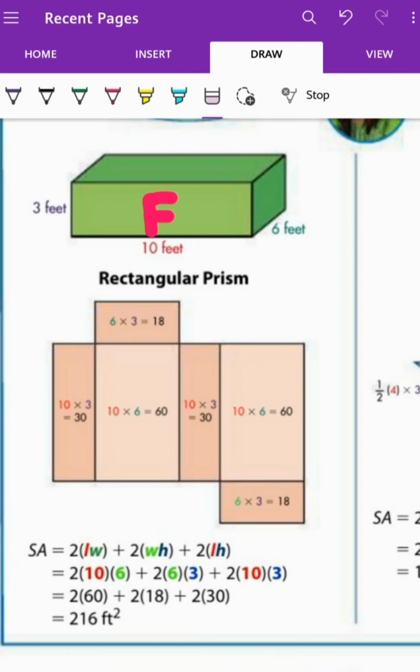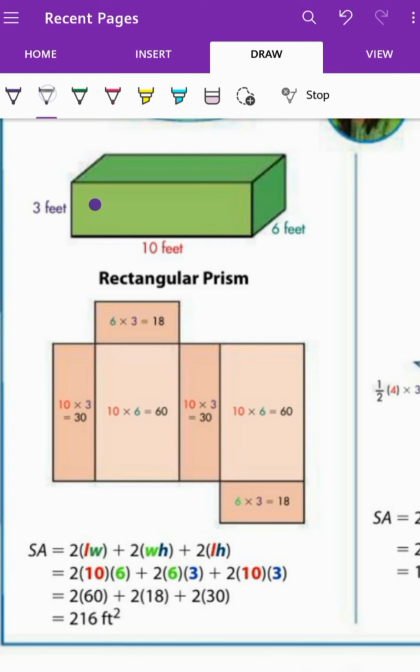Teacher, what are the dimensions? That means the length and the width. So you have to find the horizontal and the vertical dimensions, which we call length and width for a rectangle. So the length is 10 and the height, or the width, is 3.